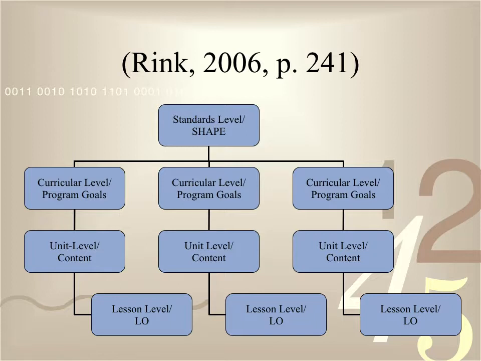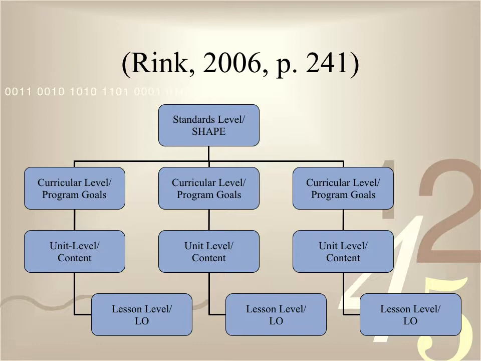And then this brings us to the curricular level, where we have our program goals again. Then we have our unit level, which would be the content. Now with SHAPE, we would talk about grade level outcomes. This would be at the content area, and then we would have the lesson level or the learning objectives.